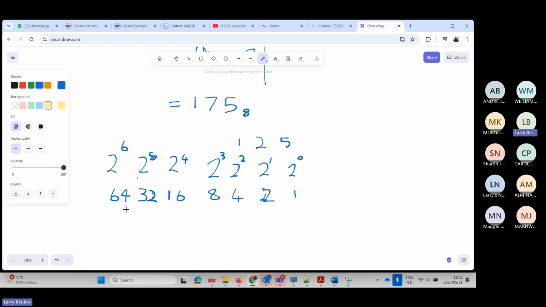Okay, so 125, we definitely need a 64. We need this bit to be present. 125 minus 64, it's still bigger than 32, right? Yeah, it's around maybe 61, right? 61.